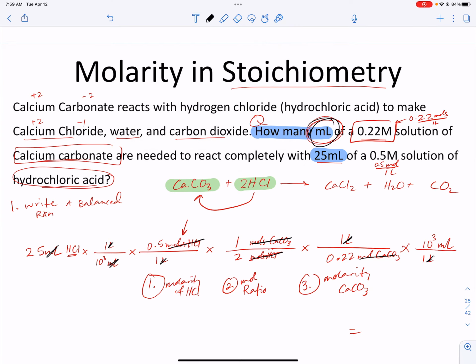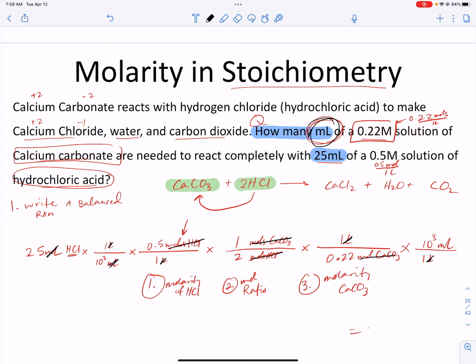Okay, this was 1, 2, 3, 4, like 5 steps total. So we're going to do 25 divided by 1,000, or 10 to the power of 3, times 0.5 divided by 2 divided by 0.22, or you can always say times 1 over 2, or times 1 over 0.22, and then times 1,000.